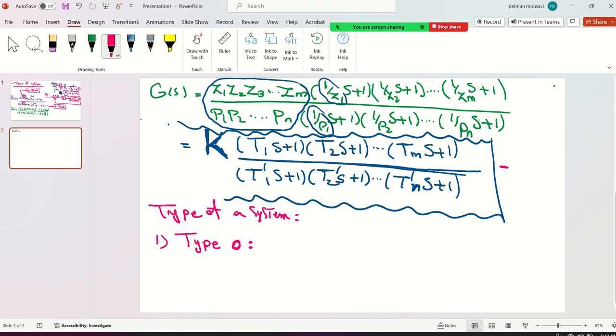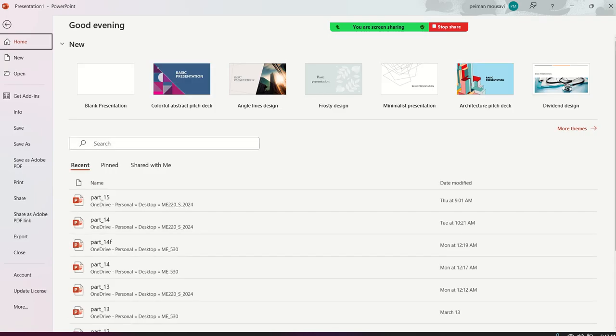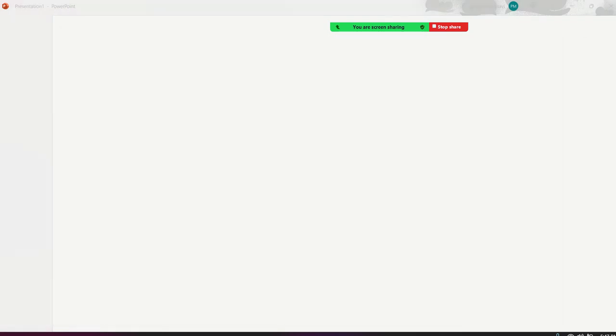And guys, I can compact this, as you know from high school, using the notation for multiplying, big pi.